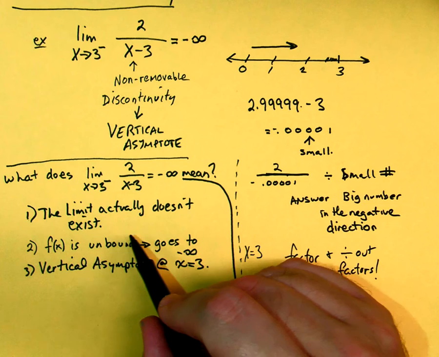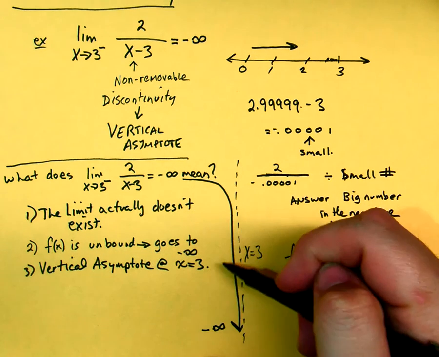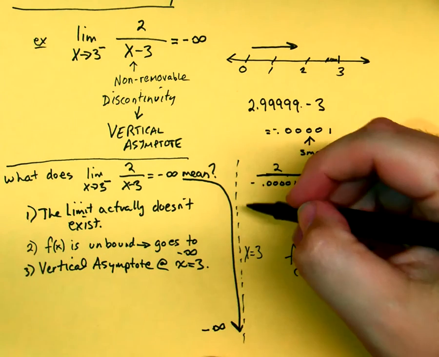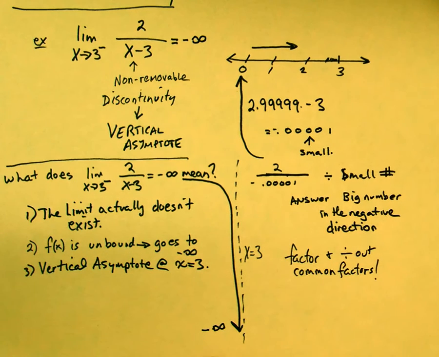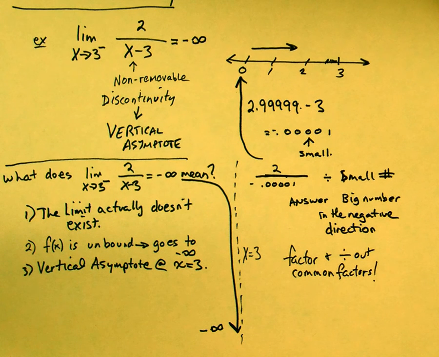It just keeps going towards negative infinity, and if we found it from the other way, it'd have unbound behavior towards positive infinity. That's a big deal when we're trying to graph this by hand and you don't have a calculator. You want to be able to use what you know in order to figure out different pieces of information.